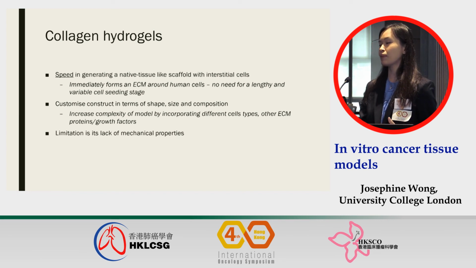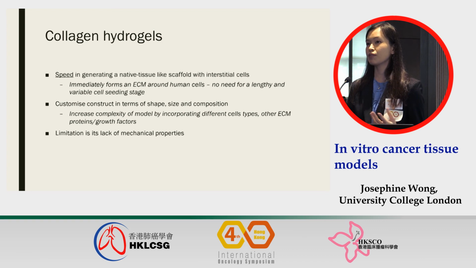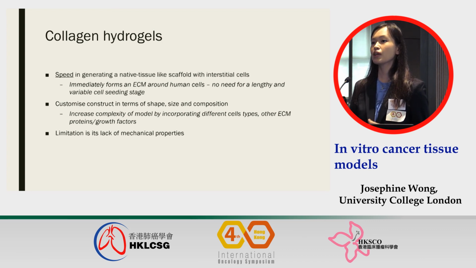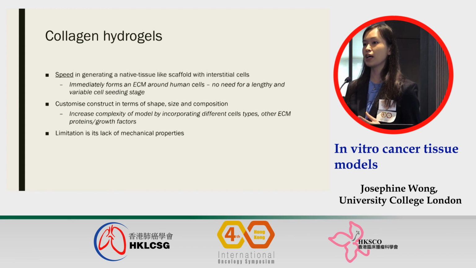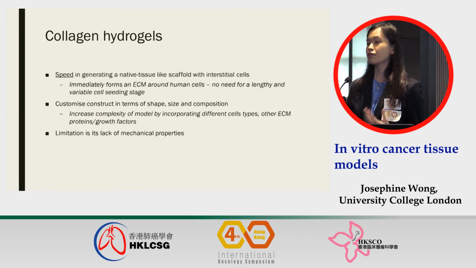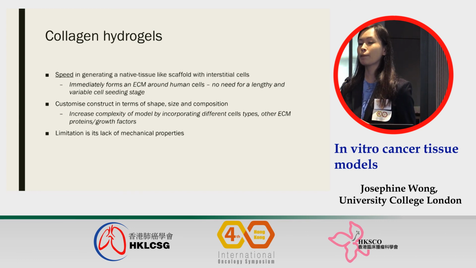However, there is a limiting factor of the collagen hydrogel scaffolds, and that is because it contains a high percentage of water, more than 99%, it often lacks the mechanical properties that you often associate with a native tissue.